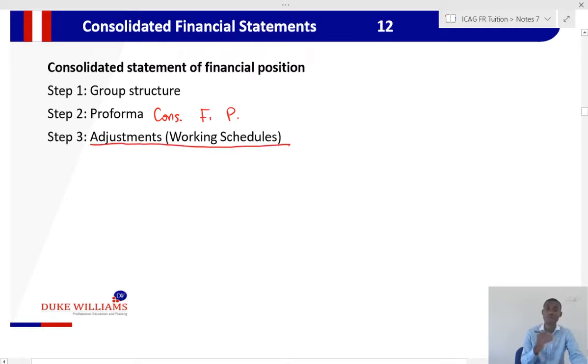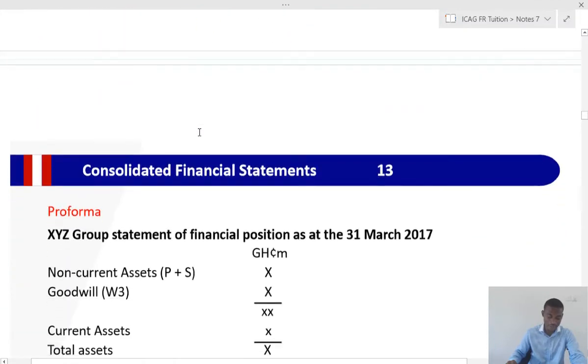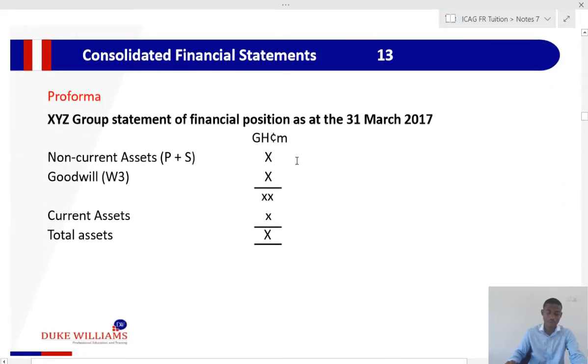We have some standard workings that are required when we are consolidating the financial position. So let's begin by looking at the pro forma. Here, the non-current assets of the parent will be added to that of the subsidiary.